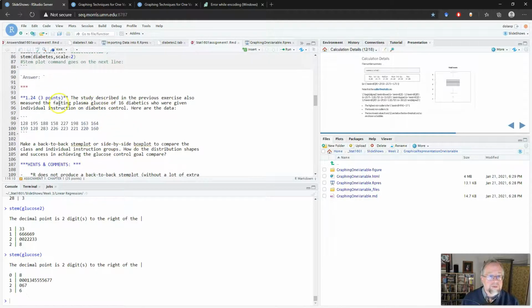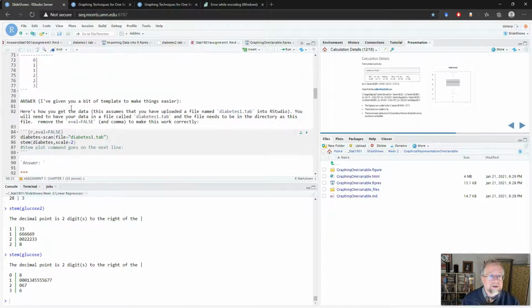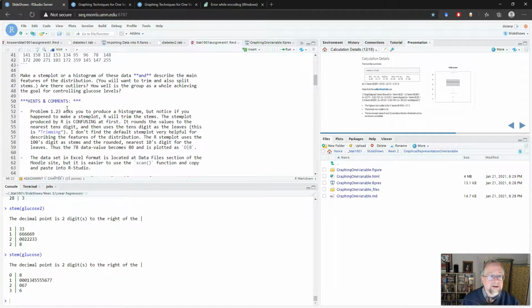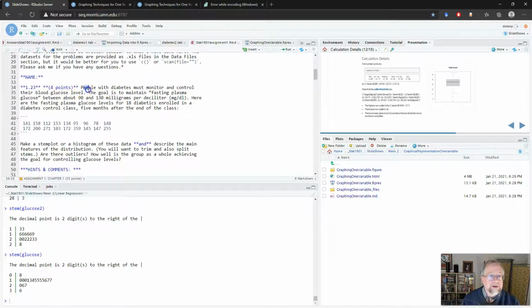So this group was individual instructions, and these guys here were the class, I believe. Oh, here they are. Yep, 5 months after the end of the class.